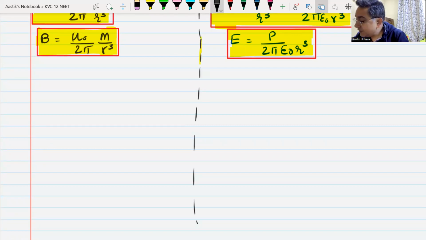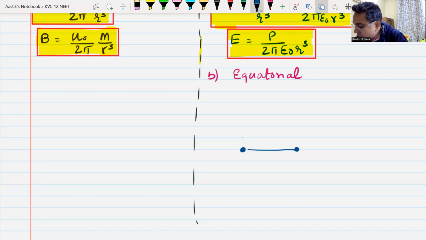On the left hand side, we have the second case, equatorial point. Now, what do you mean by equatorial point? Don't get confused.